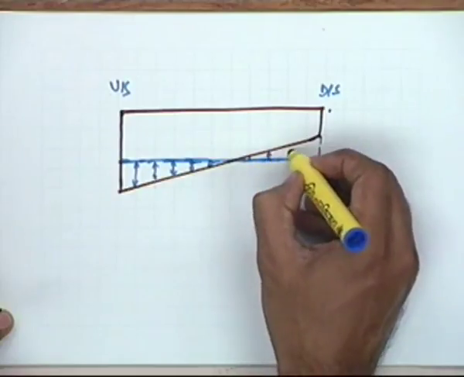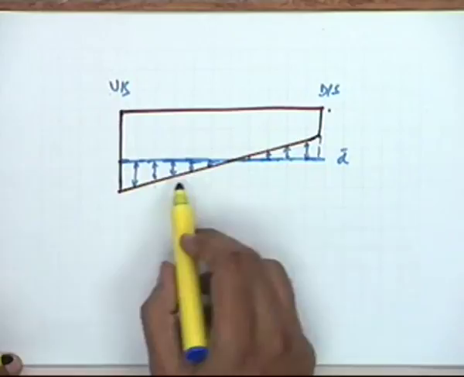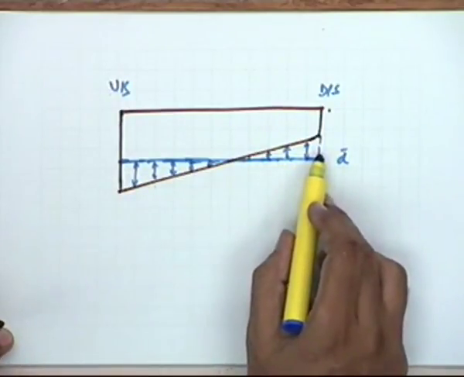These are the deviations, and you take the average of these deviations.